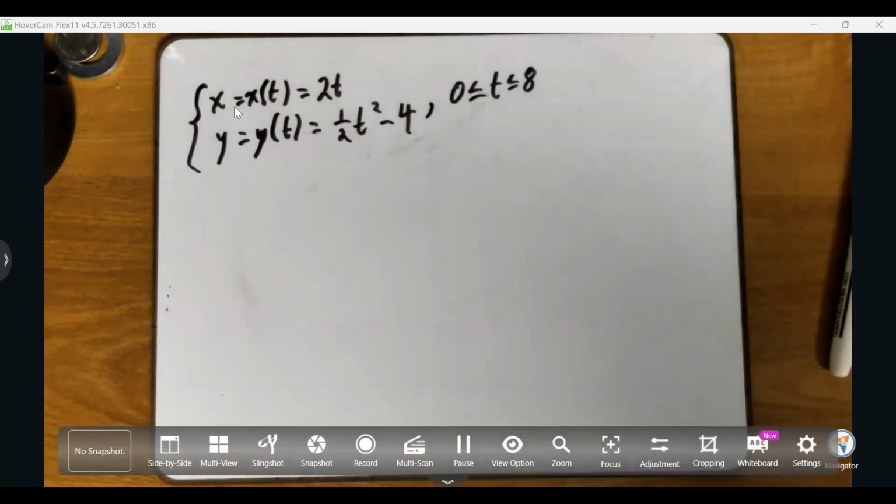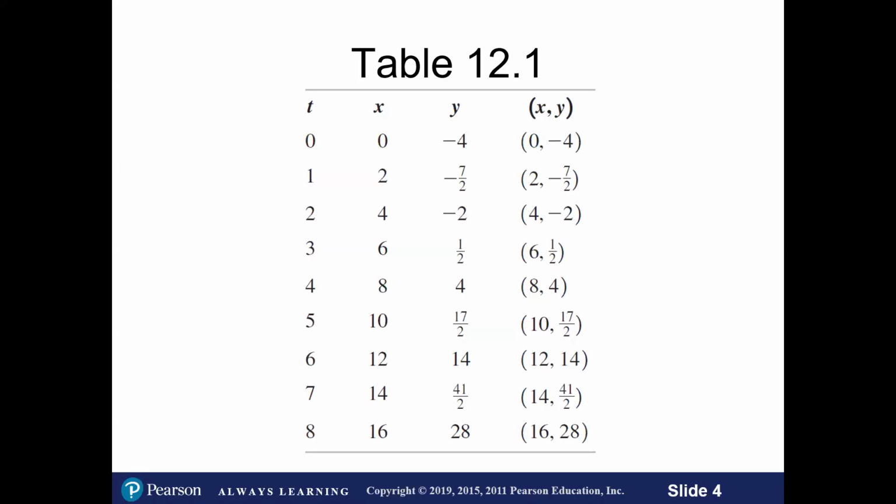So if x of t and y of t are given like so, then one thing we could do is, for different values of t, calculate the corresponding x and y value and then the point that gives us. So we start with t equals 0.